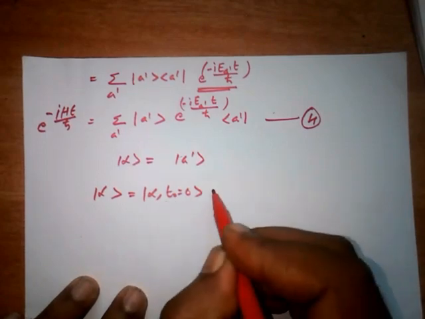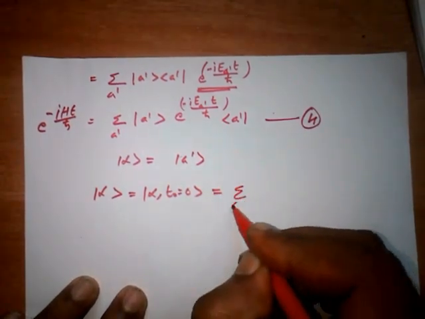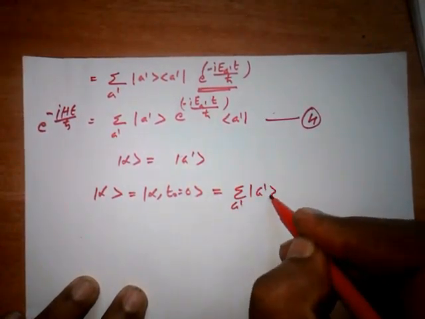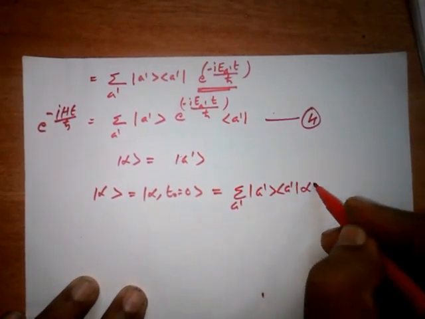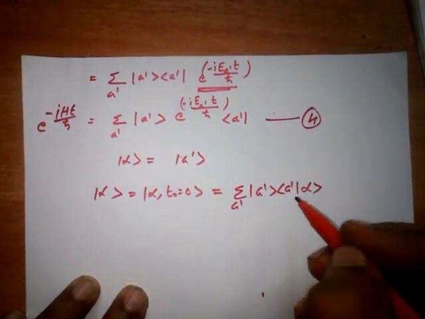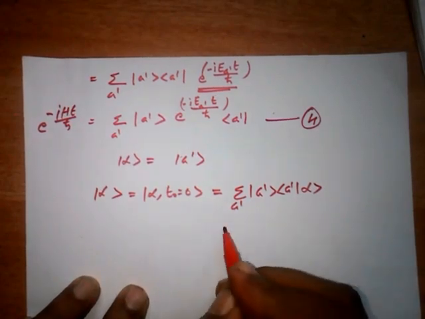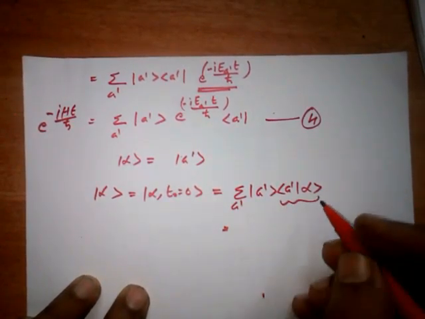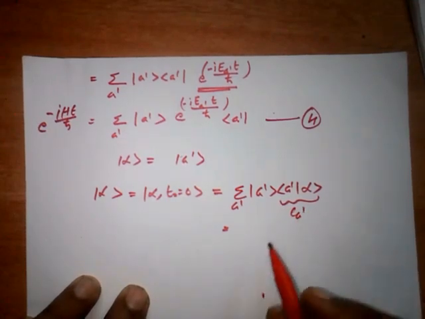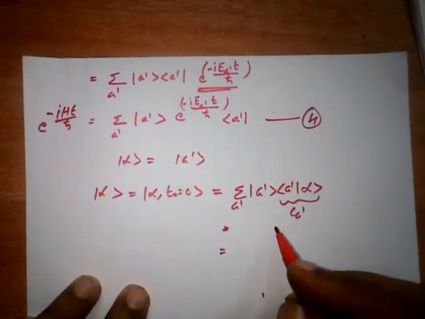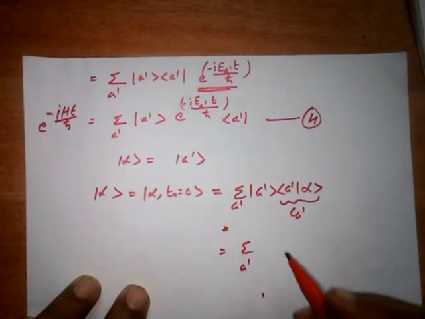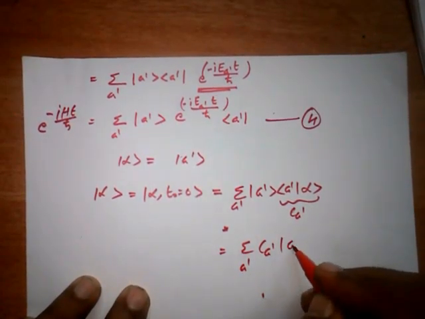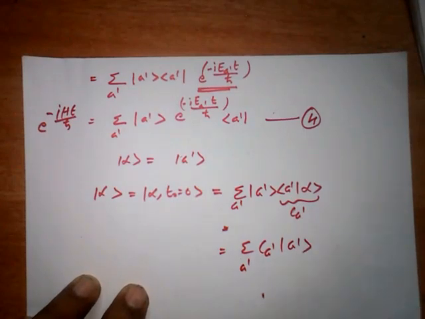So this we can expand like the sum over a dash of the outer product of a dash with alpha, as we have learned earlier in this form. This is the expansion coefficient, this is c a dash, so we can write this as the sum over a dash of c a dash times the ket a dash.